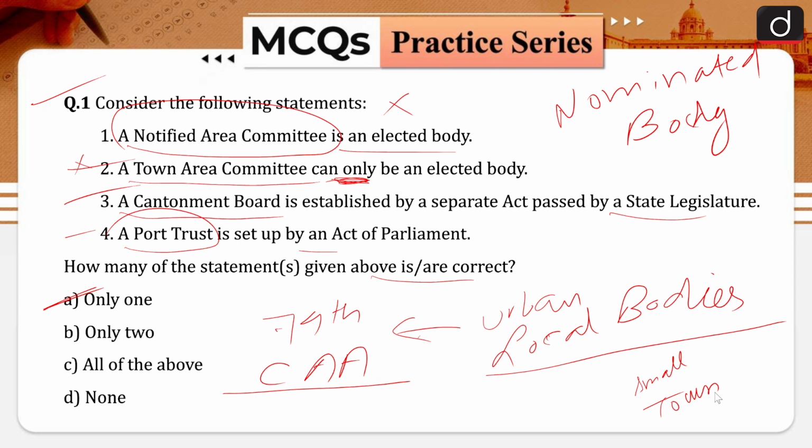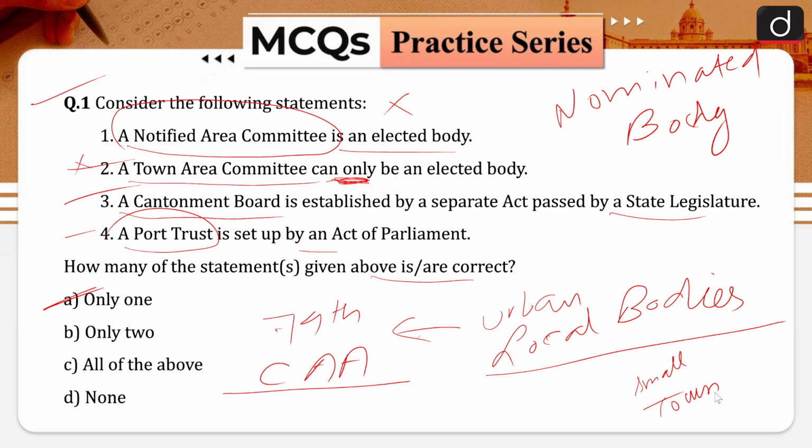The act that is created by the state legislature mentions the composition, functions and other matters related to the town area committee. It may be a wholly nominated body, that is by the state government, or a wholly elected body, or a mix of both. And that is why your statement number 2 is also incorrect in nature.